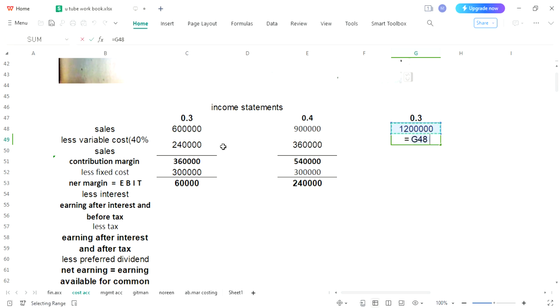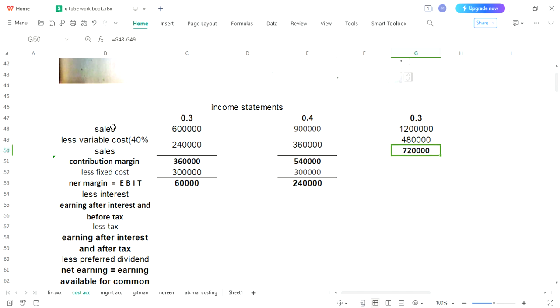Amount of sales is 12 lakh and you will calculate 40% by multiplying 40 divided by 100. In this way our variable cost has been calculated. We are now open to calculate contribution margin, which is the difference between sales and variable cost. To calculate the difference, we will take sales 12 lakh and subtract 4,80,000 as our variable cost. So contribution margin has been calculated.